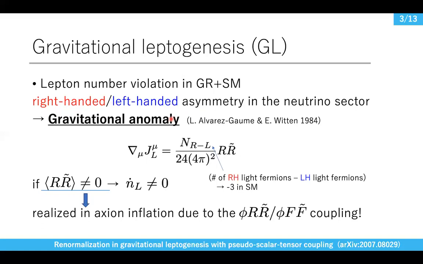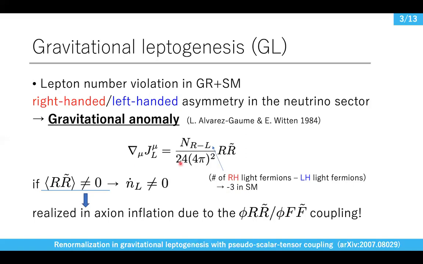So you have the gravitational anomaly in the total lepton number current, like this. Here, R R-dual is the Chern-Pontryagin density, and this capital N represents the difference in the number of species between the right-handed light fermions and left-handed light fermions. So this is just -3 in the standard model.